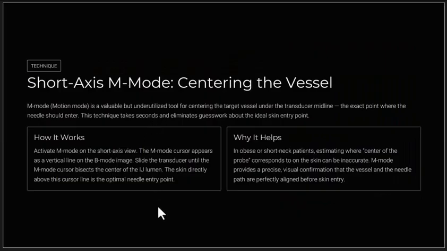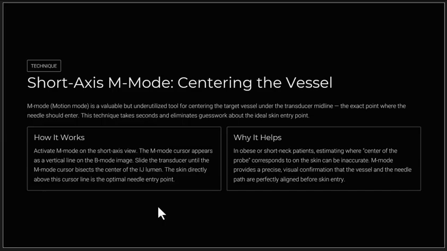I also like to use the M mode line to help keep myself centered. So how does that work? Once you find the vessel on the short axis, all of your ultrasound machines will have an M mode function. And when you touch the M mode, it will bring up a vertical line on your ultrasound screen.